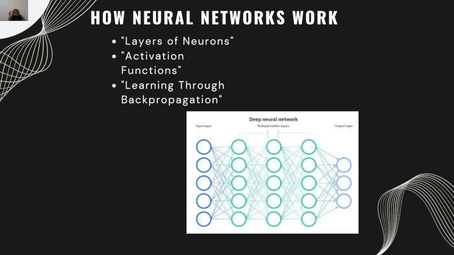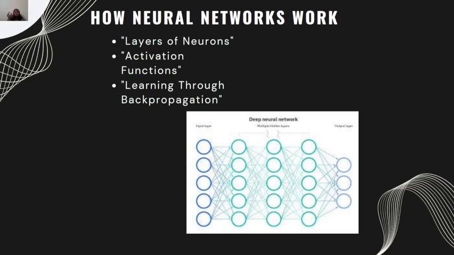The core of neural networks is the backpropagation algorithm, which allows the network to learn by adjusting weights based on the error of the output. Each neuron in the hidden layer applies an activation function to the weighted sum of its inputs. Common activation functions include sigmoid, which produces an output between 0 and 1, typically used in binary classification.